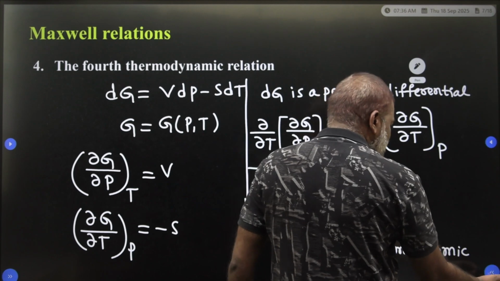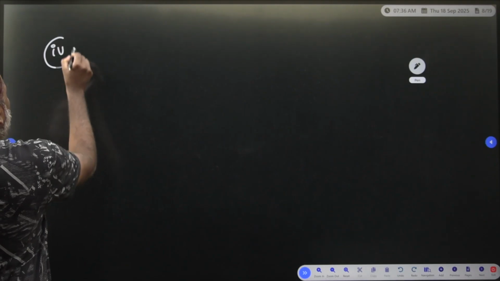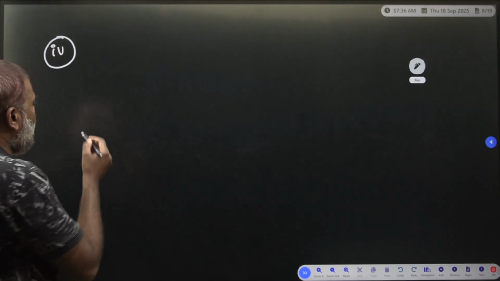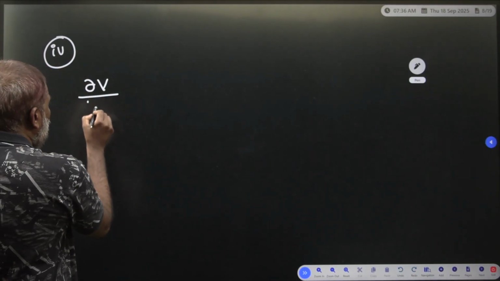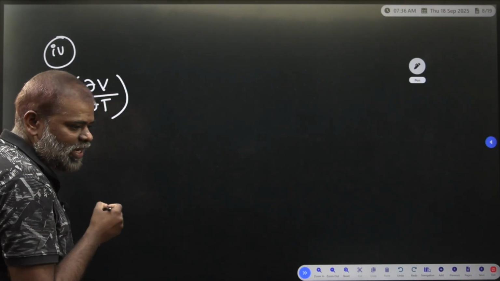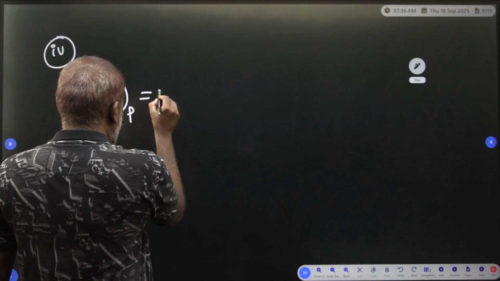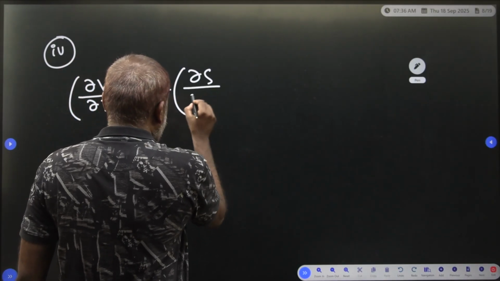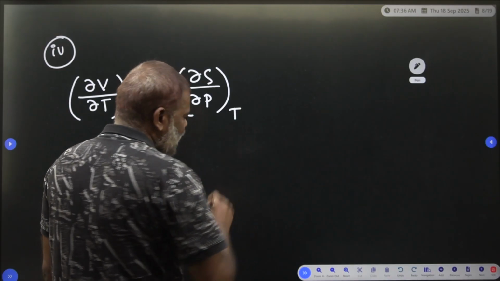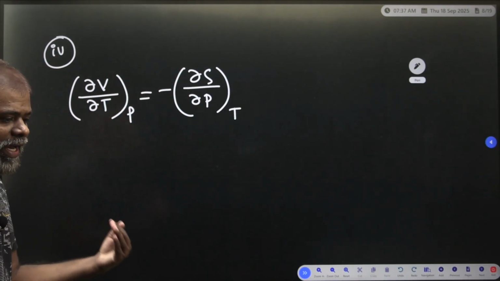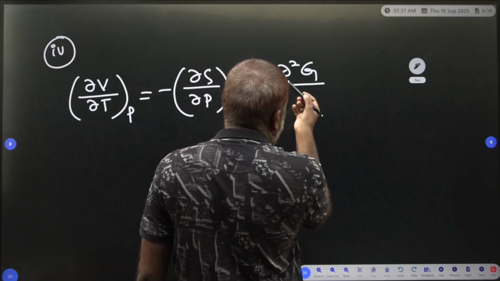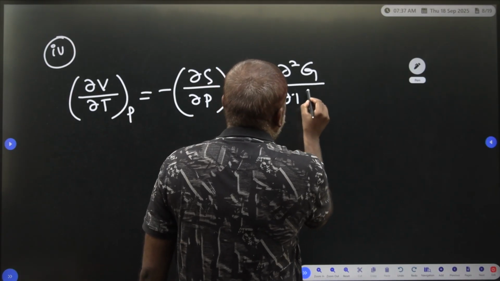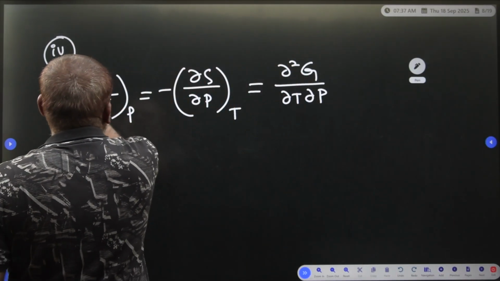Therefore, we write the fourth Maxwell thermodynamic relation as (∂V/∂T) at constant pressure is equal to minus (∂S/∂P) at constant temperature, which is equal to ∂²G divided by ∂T ∂P. This is the fourth Maxwell relation.